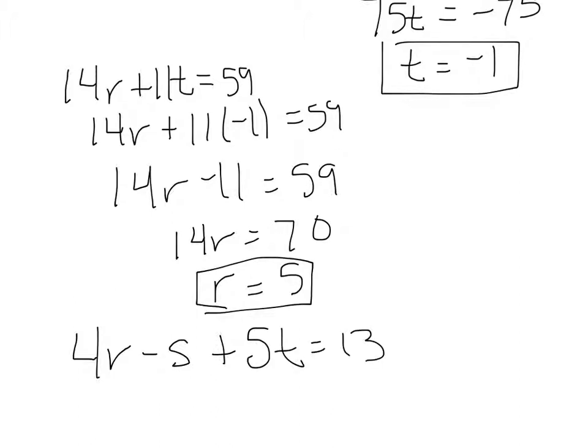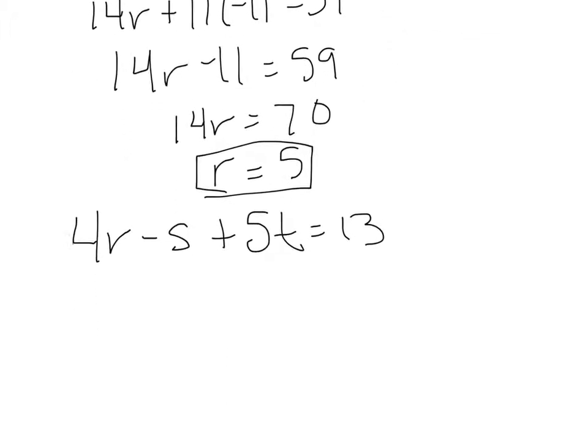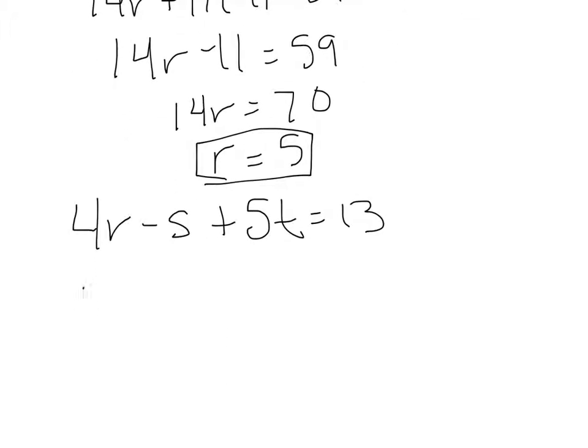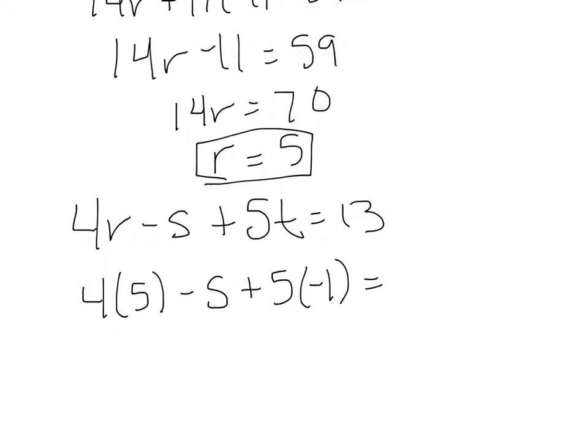And I'm going to replace the t and I'm going to replace the r. So we're going to have 4 times 5 minus s plus 5 times negative 1 equals 13. So I have 20 minus s minus 5 equals 13.